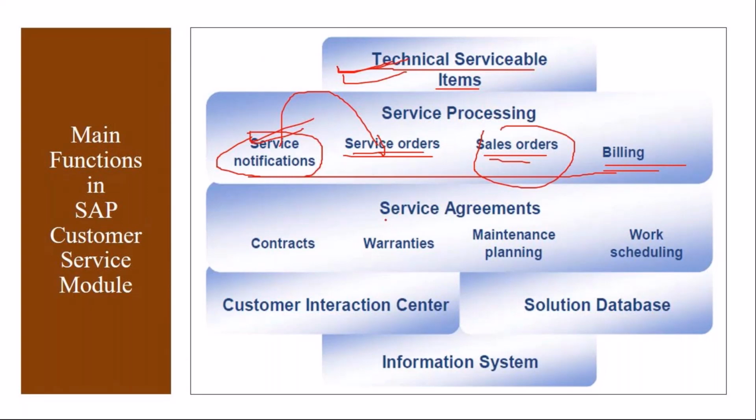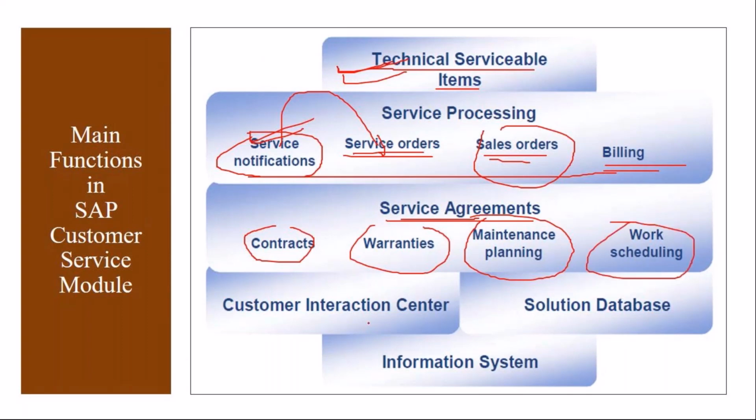We will also be using service agreements, contracts, and then warranties. According to those, we will do the planning, and then we will do the scheduling activity, so that service orders or service notifications get generated automatically once a particular due date deadline is reached for the service activity.